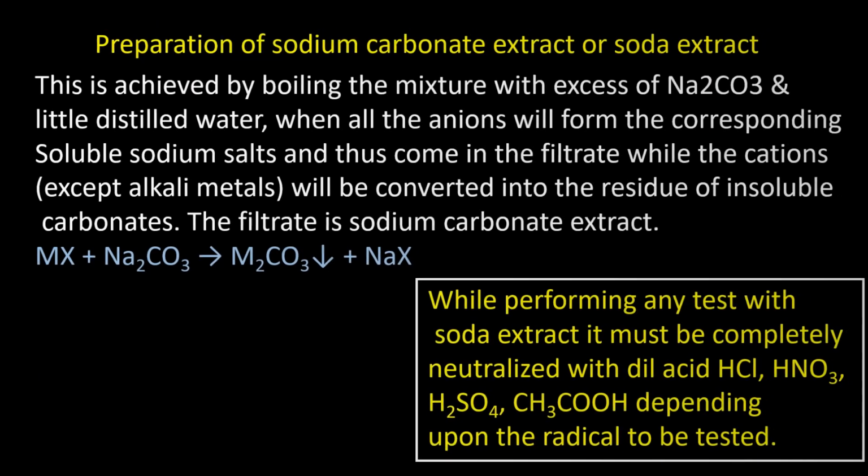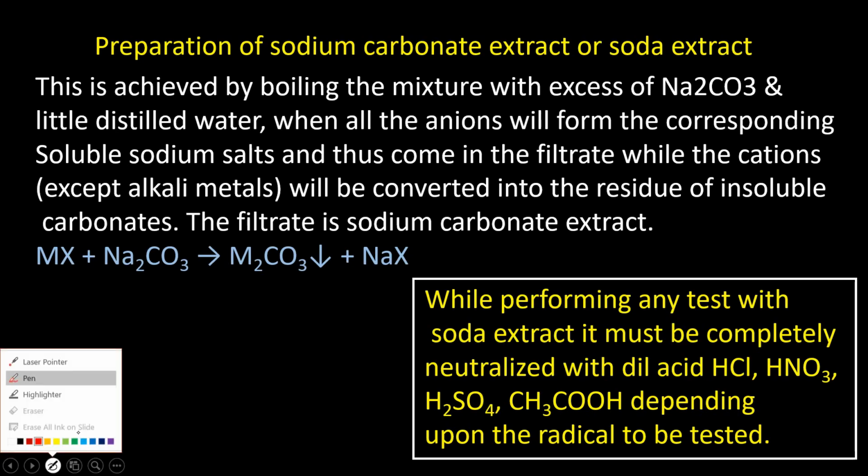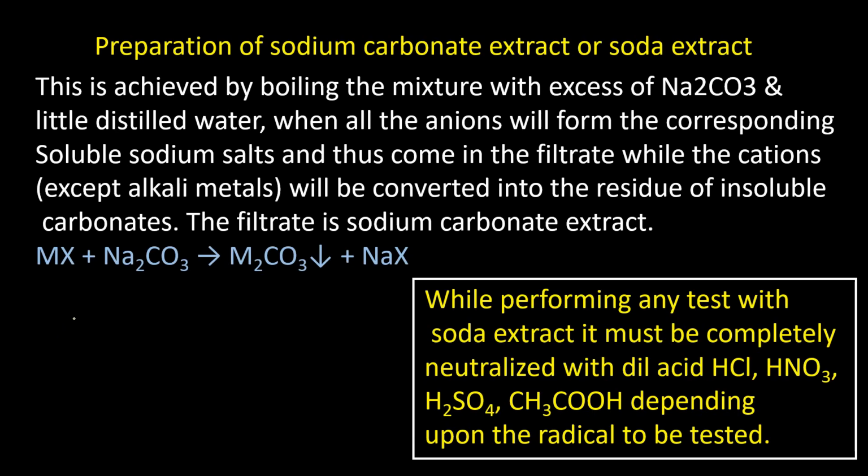Now, preparation of sodium carbonate extract. We take the salt or salt mixture in a beaker. Then you add 3 times the amount of the salt mixture you have taken of solid sodium carbonate.